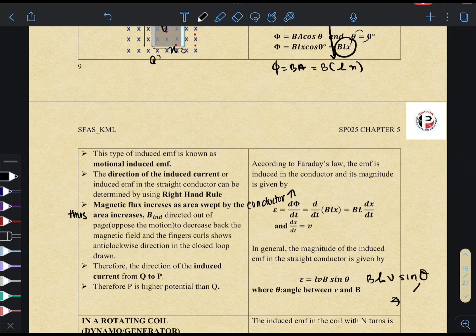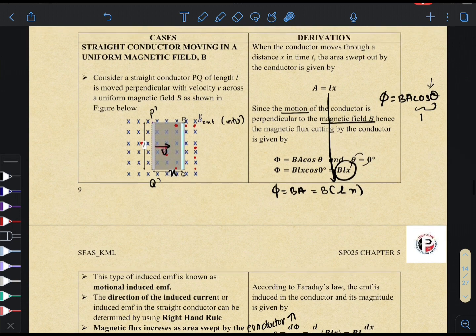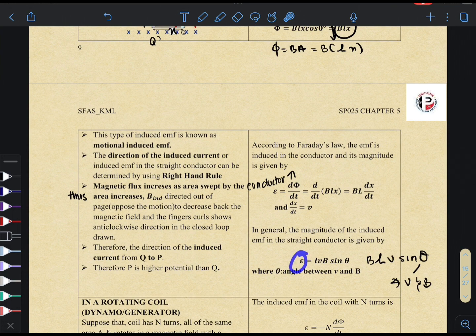Theta here is the angle between V and B. So every time you have a case of a conductor moving in a uniform magnetic field, we can induce EMF such that the magnitude of the EMF will be BLV sin theta. B is our external magnetic field. L here is the length of the conductor. V is the speed at which we move it. Theta is the angle between V and B.